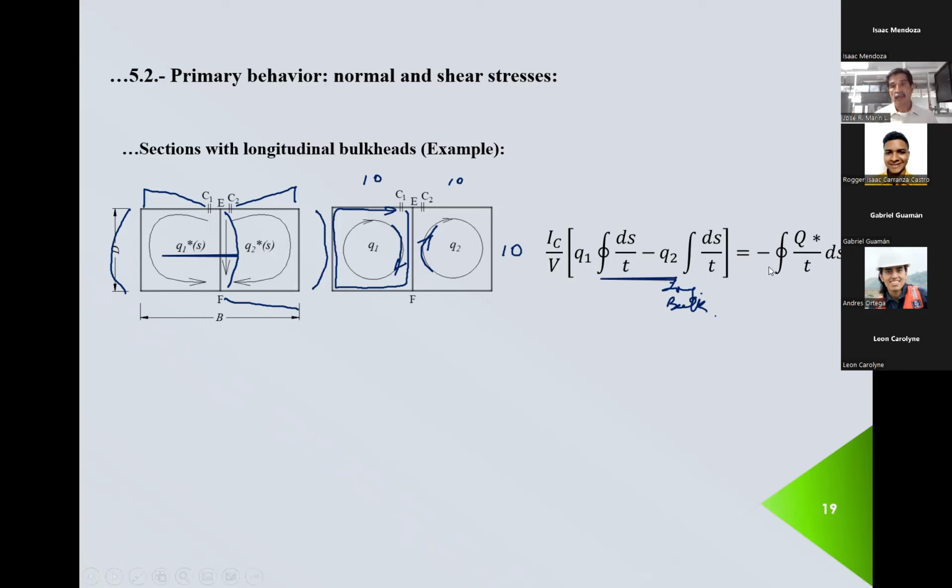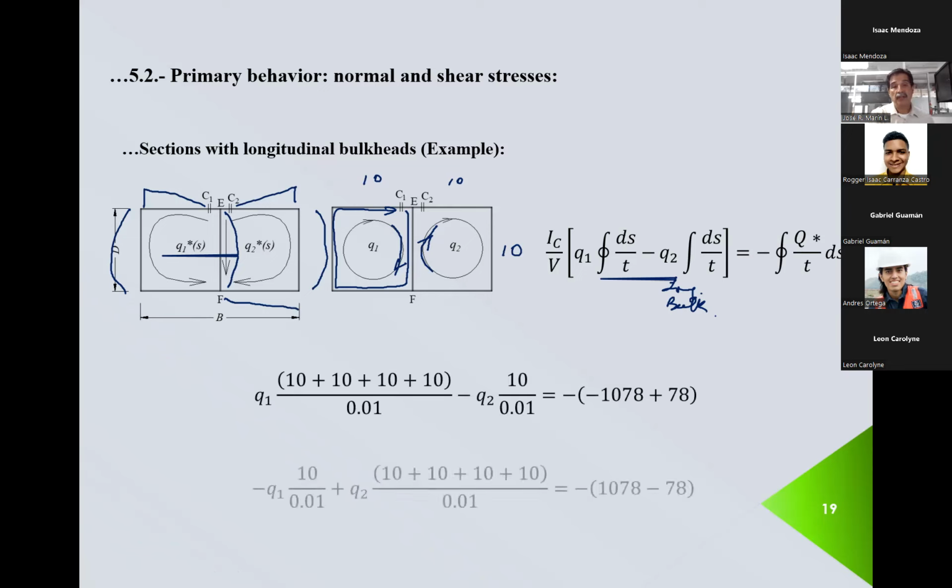Okay, that means that on the left-hand side, we consider this Q1, and in here, this is a common branch. Q2 is also acting, right? And on the right-hand side, we put the Q star that we know. That's the reason we put it on the right-hand side, because it's an independent term in this equation, right?